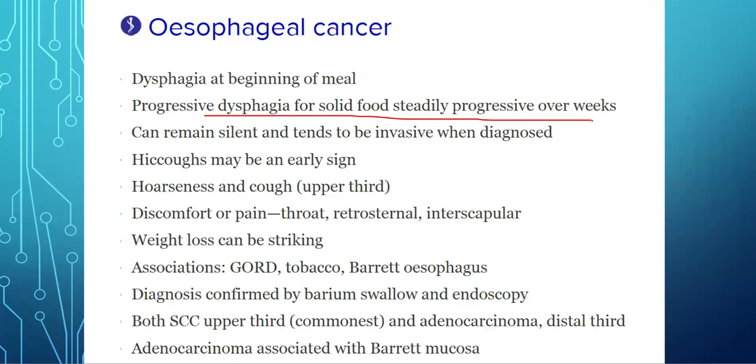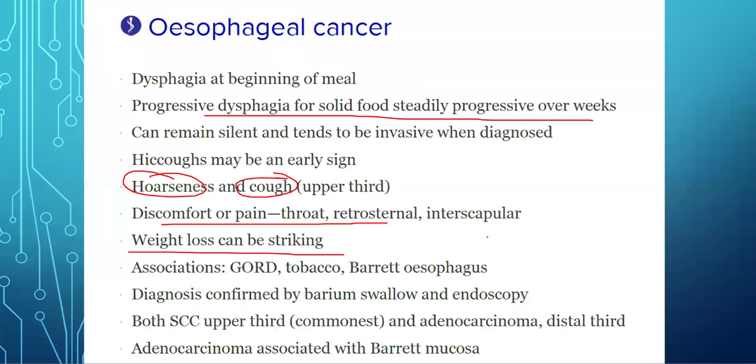Initially it starts with solids, and when it gets worse, then even liquid dysphagia will start. The patient can also develop hoarseness of voice and cough. They can get discomfort like throat pain. But very important, because the patient can't eat that much because of the dysphagia, they will lose weight. So weight loss is a very important finding to consider esophageal cancer.